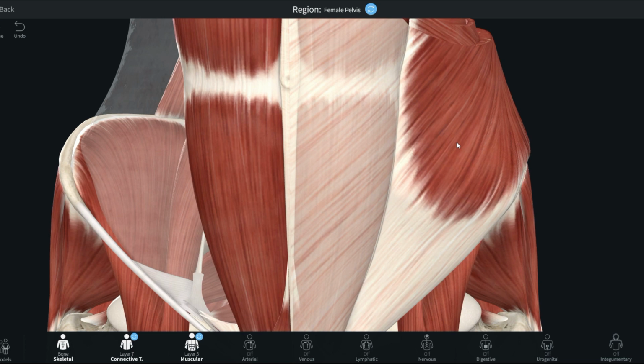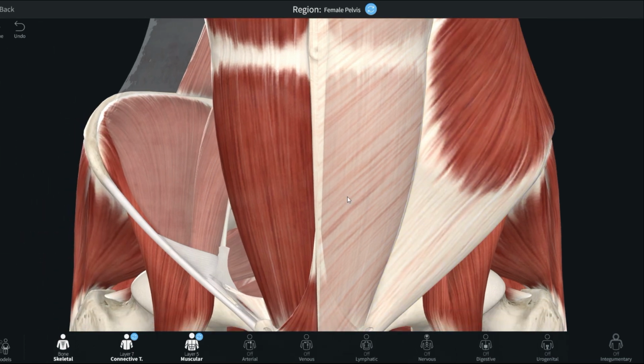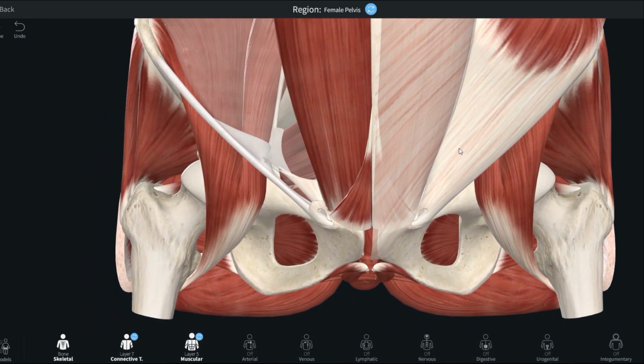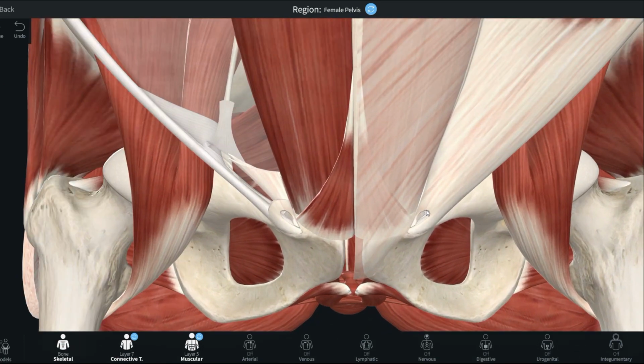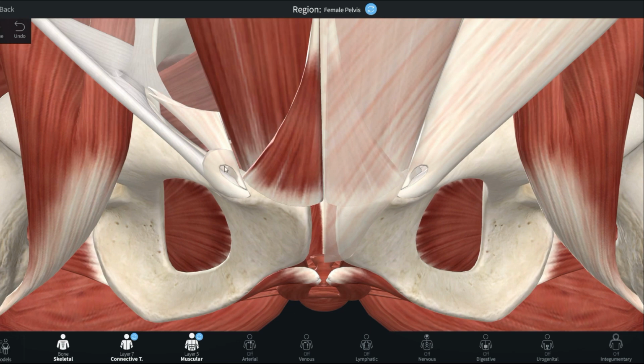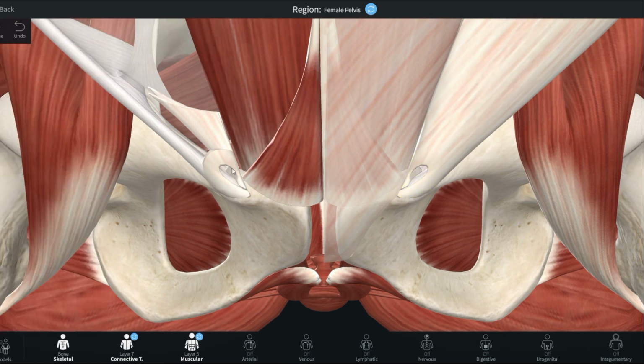This over here is obviously the external oblique muscle. This is the rectus sheath, which has been shown in this model. Now, can you see that at the very inferior edge, just superolateral to the pubic symphysis, there is this opening in the external oblique aponeurosis? This is what we call the superficial inguinal ring. So this is the superficial inguinal ring on both sides.